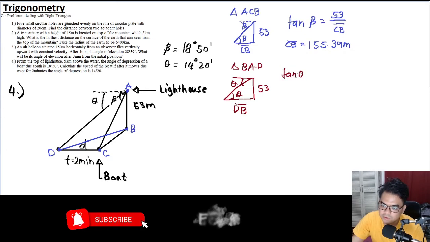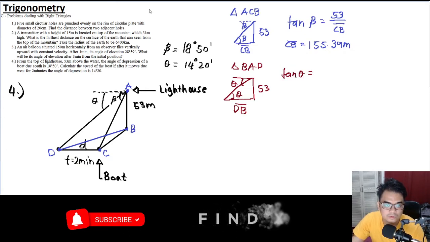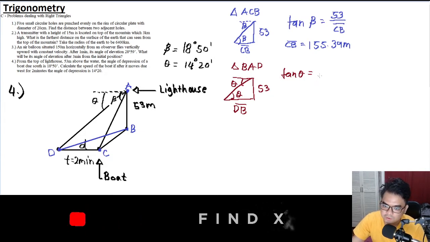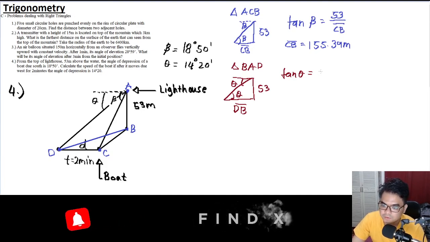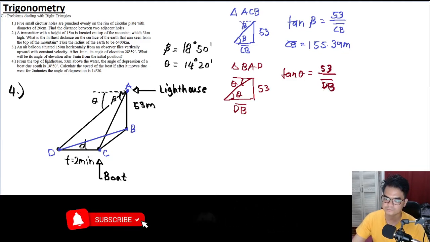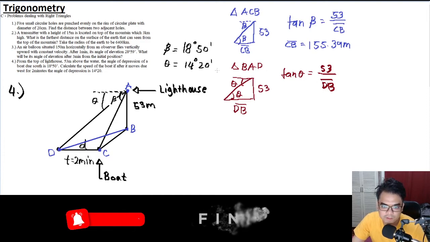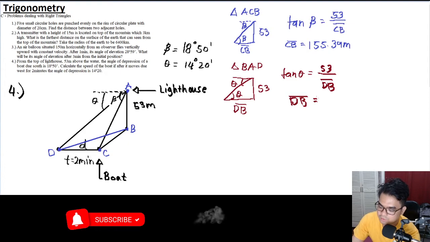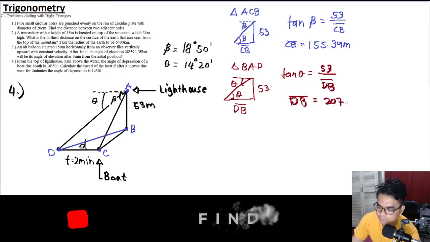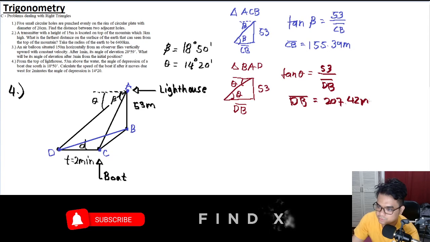Tangent theta is equal to opposite over adjacent again, so that is 53 over DB. We already have the value for theta, which is 14 minutes and 20 seconds. So the value for DB is 207.42 meters.